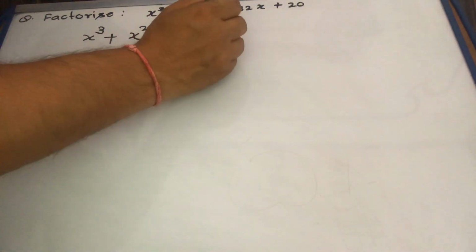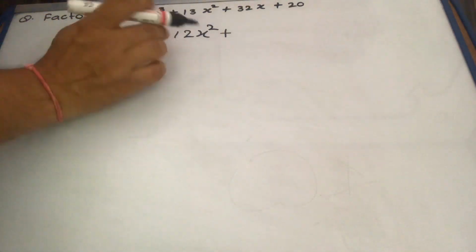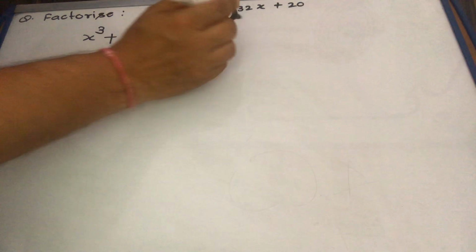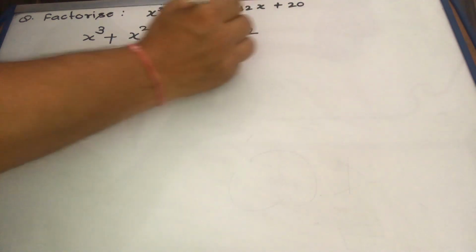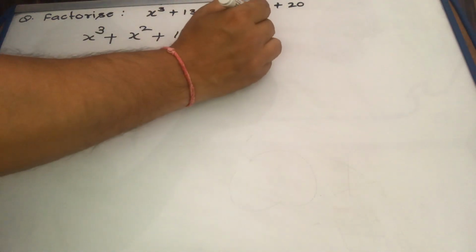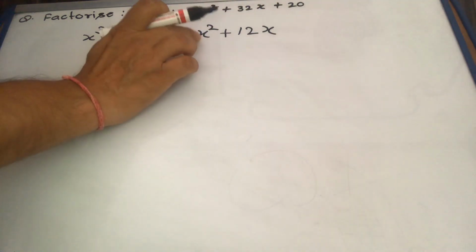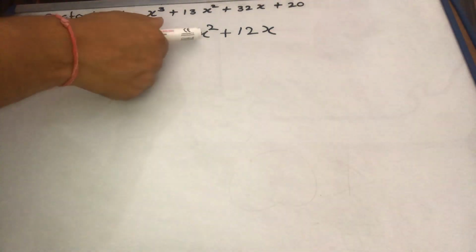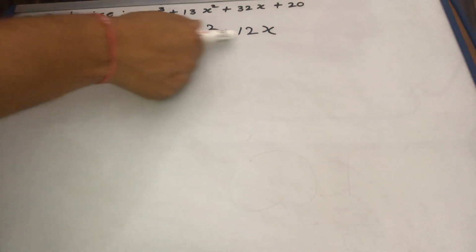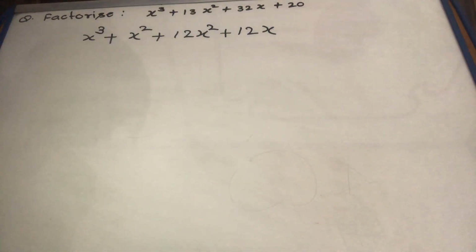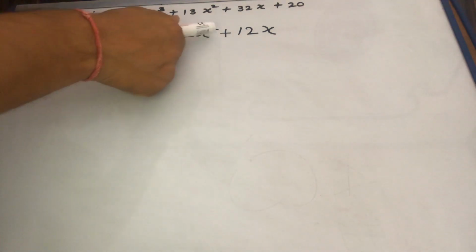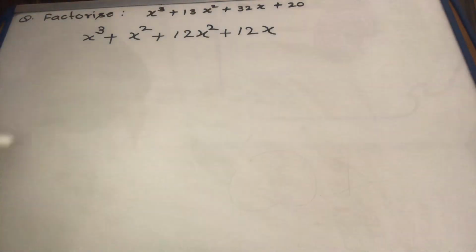After that we will write the same coefficient, that is 12, and a variable with one less degree than the previous term. The previous term is x square, so you will write only x, because the degree is 2 and one less is x. So you will write 12x.